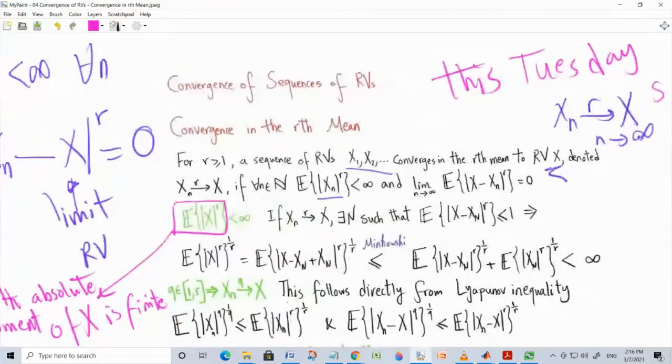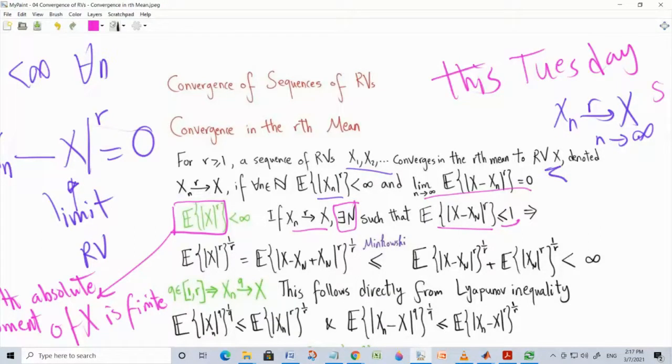How can we show something like this? If there is convergence in the rth mean, it means that this limit is equal to 0. If this limit is equal to 0, it means that as n gets large, this expectation is getting smaller. So there exists a big N such that this expectation can be made less than 1, because the limit goes to 0.